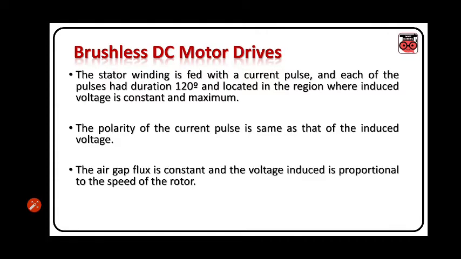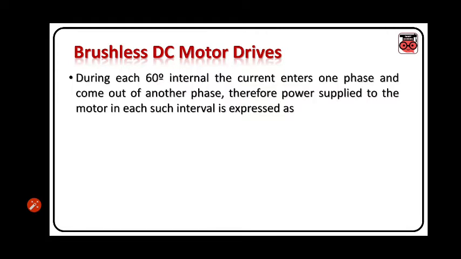The air gap flux is constant and the voltage induced is proportional to the speed of the motor, that is E equal to Ke omega m. During each 60 degree interval, the current enters one phase and comes out of another phase.